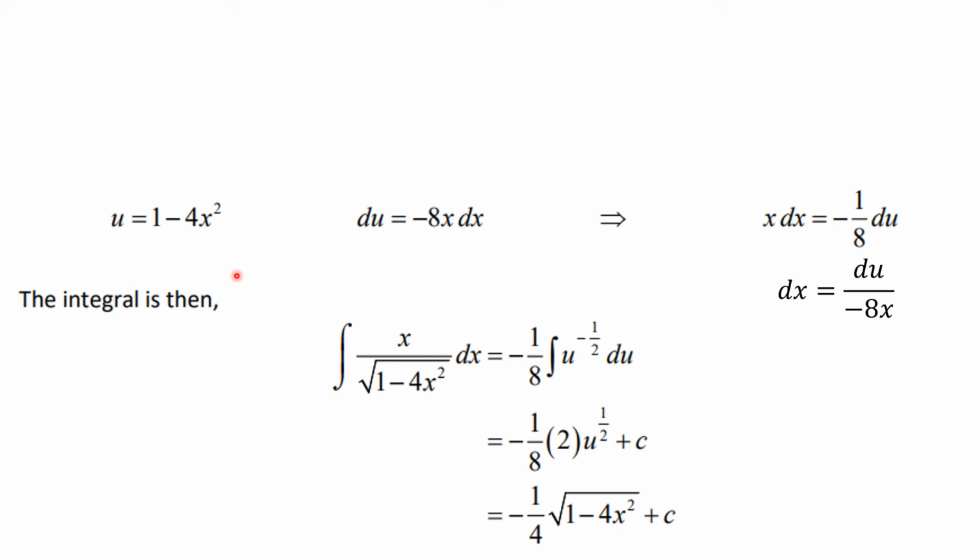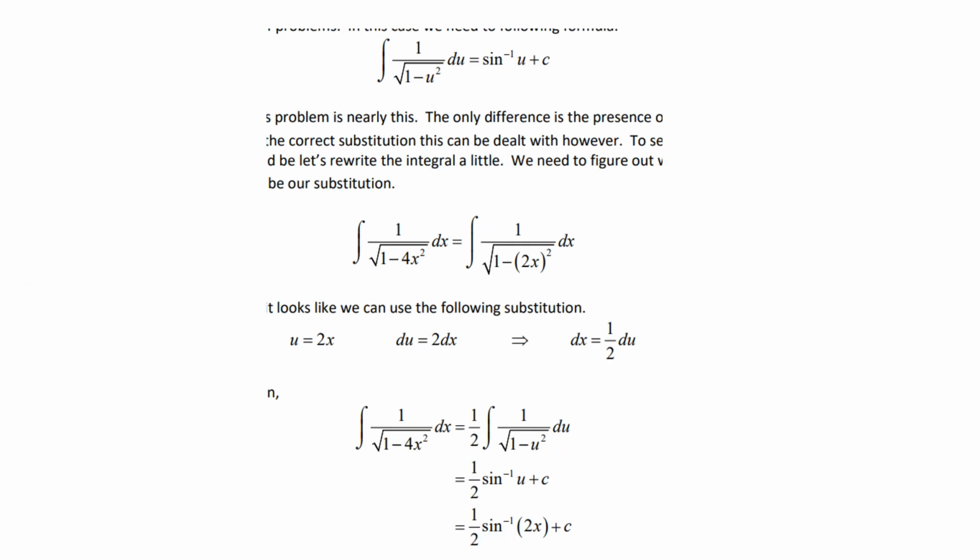The next example we have, this is u, this is du, so dx is du over minus 8x. I make the substitution, pull out the minus 1/8, and I have the integral of u to the minus 1/2 du. Add 1 to the exponent, divide by the new exponent. Reverse my substitution, and this is the final answer.